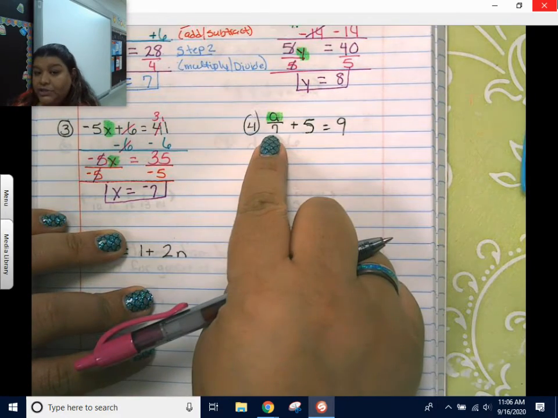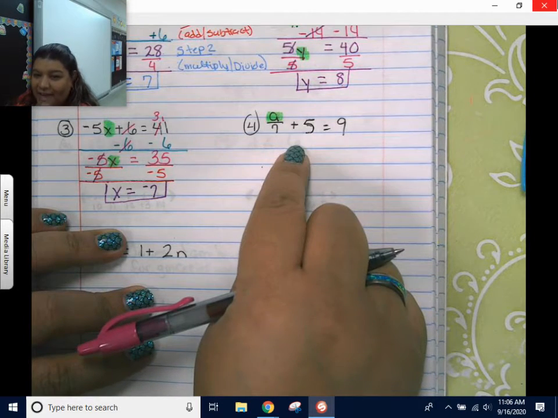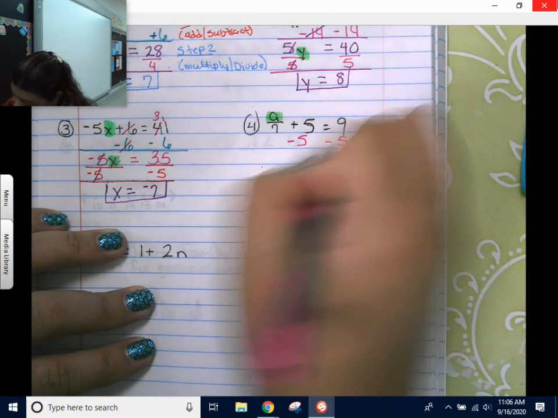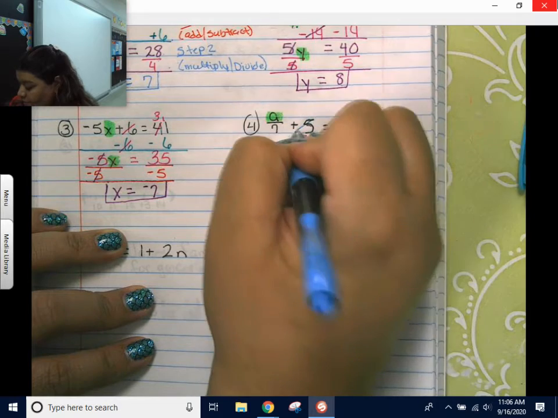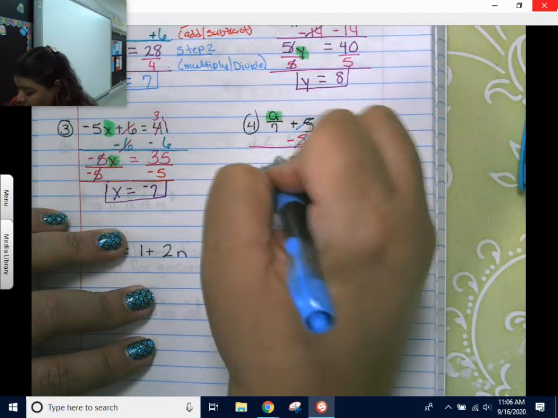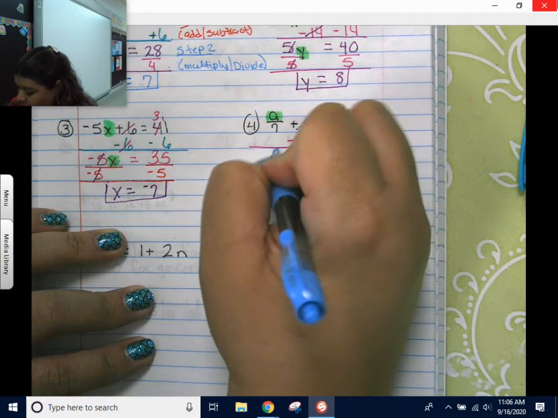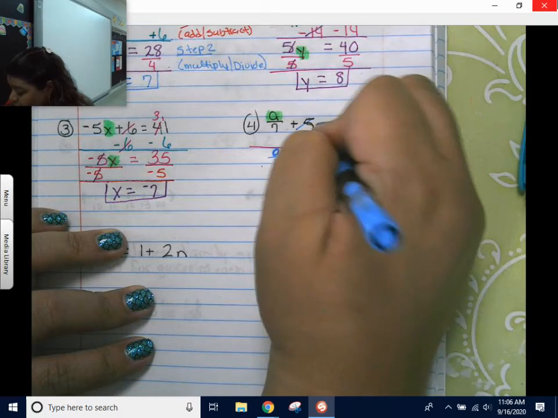And do I get rid of division or addition? Addition, good. Opposite of adding 5, subtracting 5 from both sides. Okay? So these cancel. We're left with A divided by 7. 9 minus 5 gives you 4.